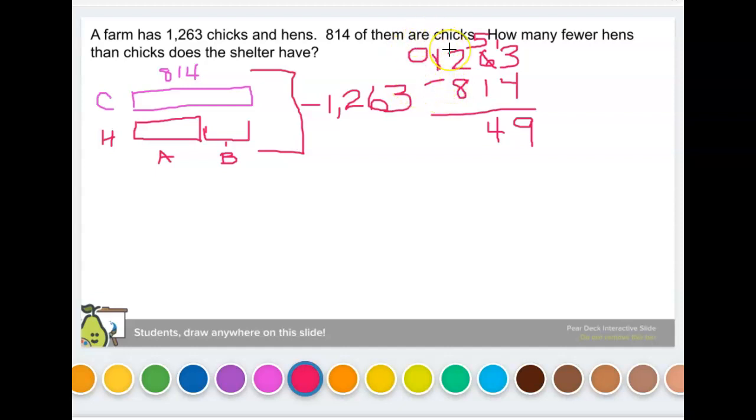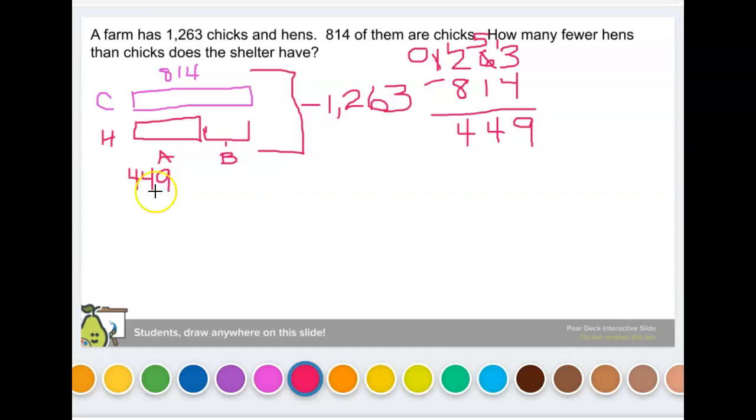I'm going to change it into 10 hundreds, and I already have 200s. So that'll give me 12 hundreds. 8, 9, 10, 11, 12. That gives me 400. So I have 449 hens.